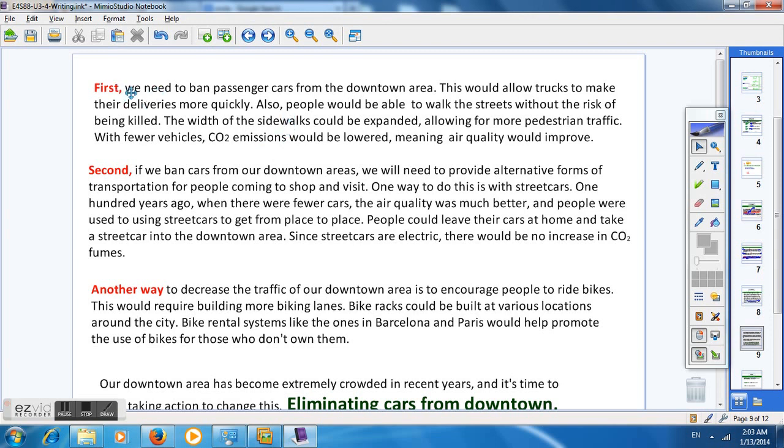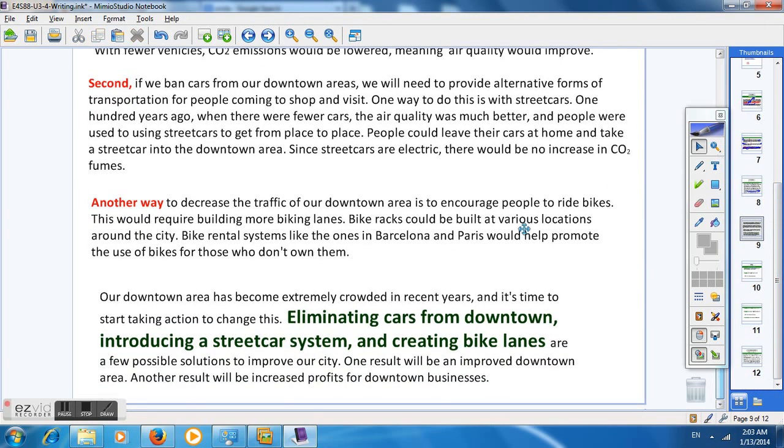First here, second here, and another way, or the last suggested solution. So in short, these are the suggested solutions: eliminating cars from downtown, introducing a streetcar system, and creating a bike lane.